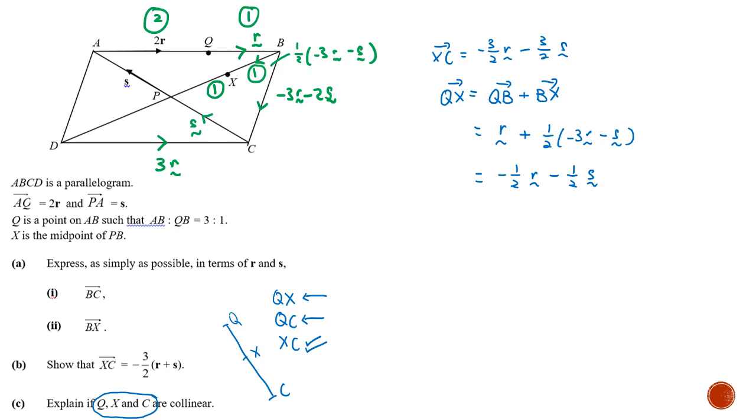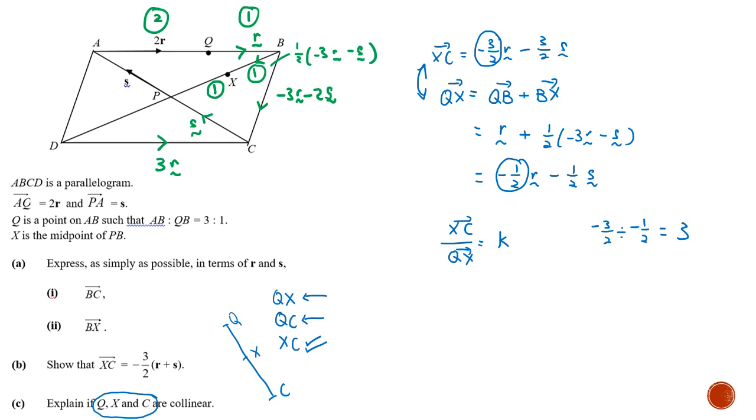To show that these two vectors are parallel, XC over QX must give us a constant. So we will now compare the coefficient of vector R. XC over QX will be negative 3 over 2 divided by negative half, which will give us 3.